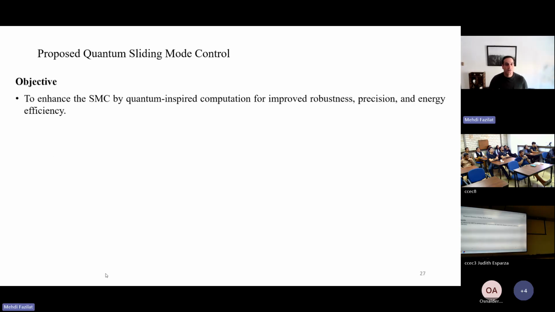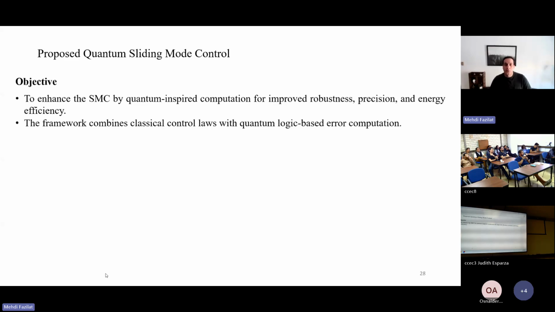The main idea of using this method is to enhance the classical sliding mode control by integrating quantum concepts, for better robustness, precision, and energy efficiency.